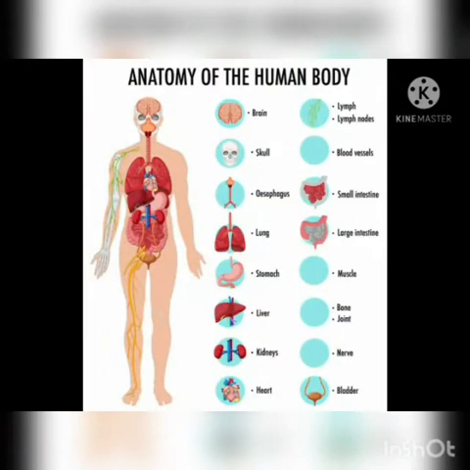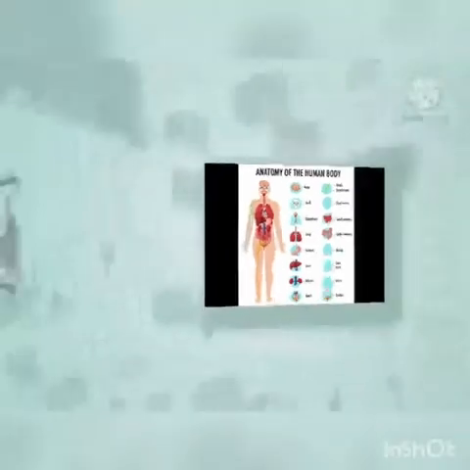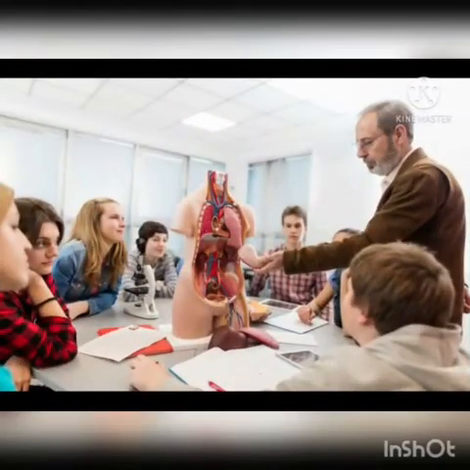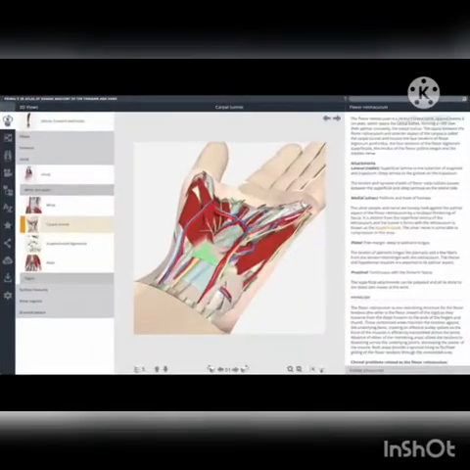Anatomy, from Ana and Tome, means the process of cutting. The process of cutting and seeing is called anatomy, and the same meaning applies to dissection.